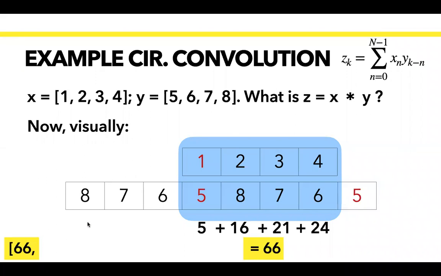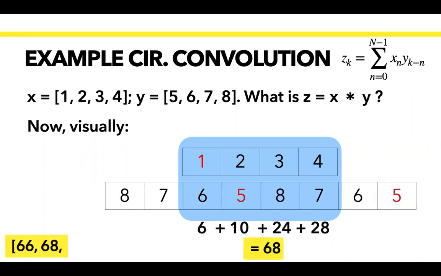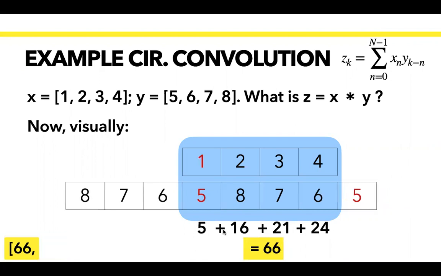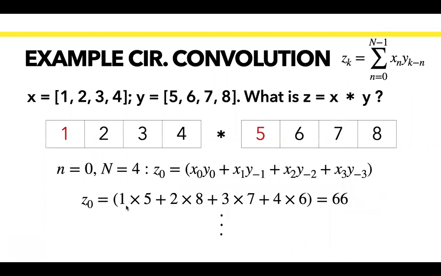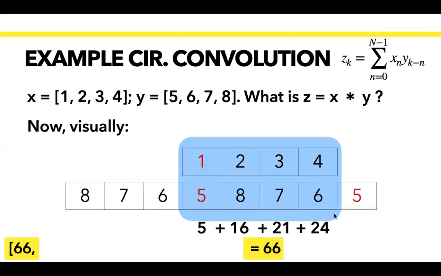Now what we're going to do is slide Y over 1. And we're going to do the same. 6 plus 10 plus 24 plus 28, that's 68. Okay, you can see the math. This 5, 16, 21, 24, that's the same as we had here. It's the same.